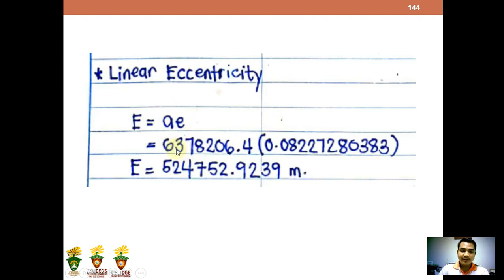Substitute the value of a and the eccentricity we got earlier. We have the linear eccentricity to be 524,729.239 meters. It is in meters because a is in meters.